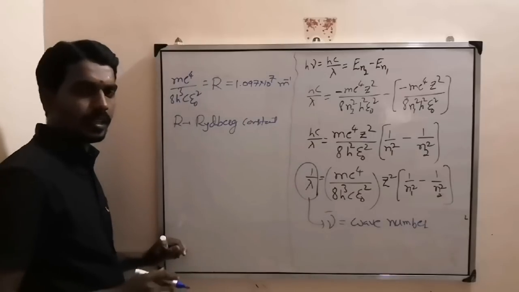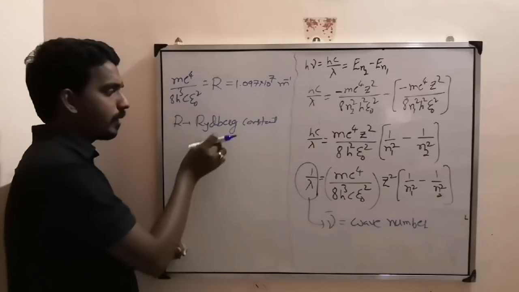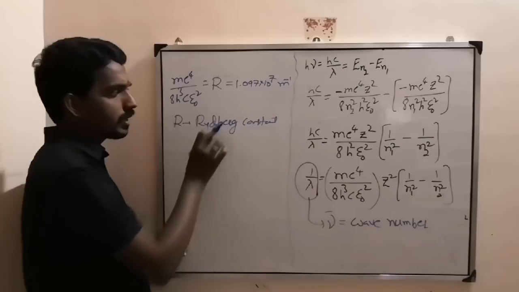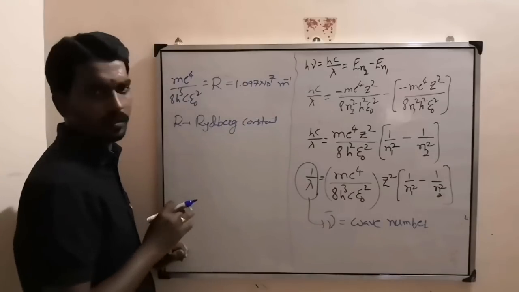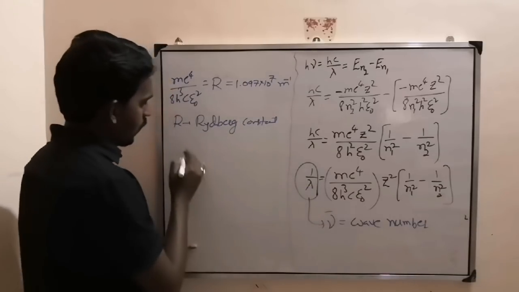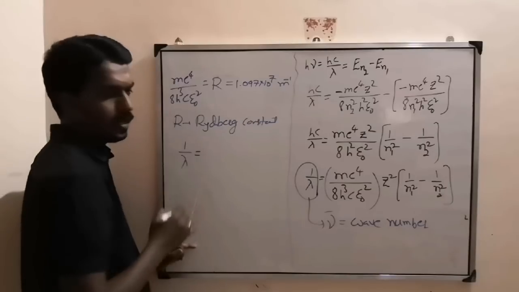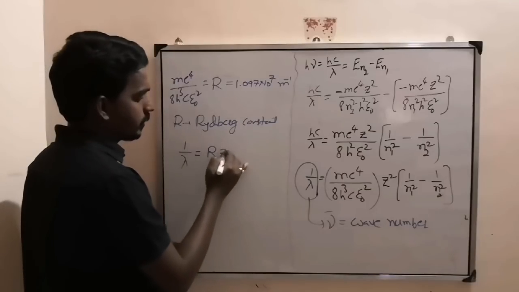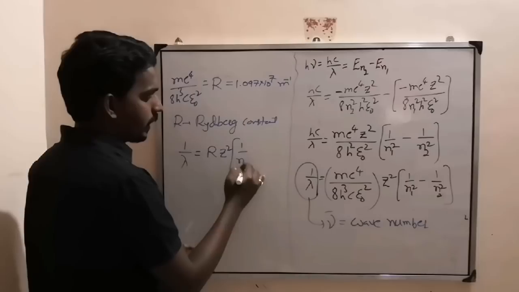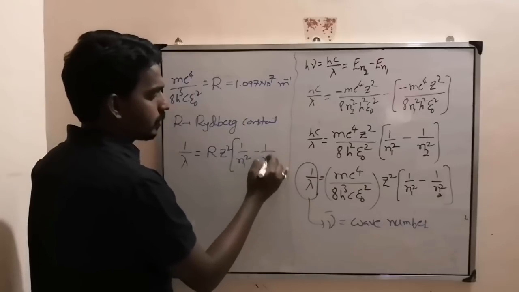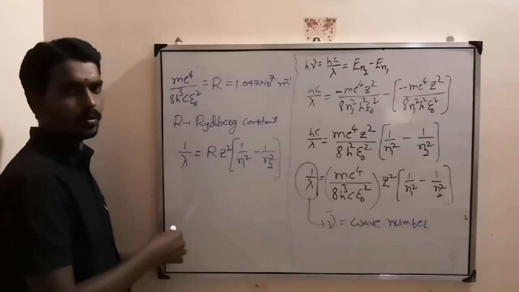What constant do we name it as? After the name of Rydberg, we have given that, the Rydberg constant. So here 1 by lambda equal to R z square into 1 by n1 square minus 1 by n2 square.